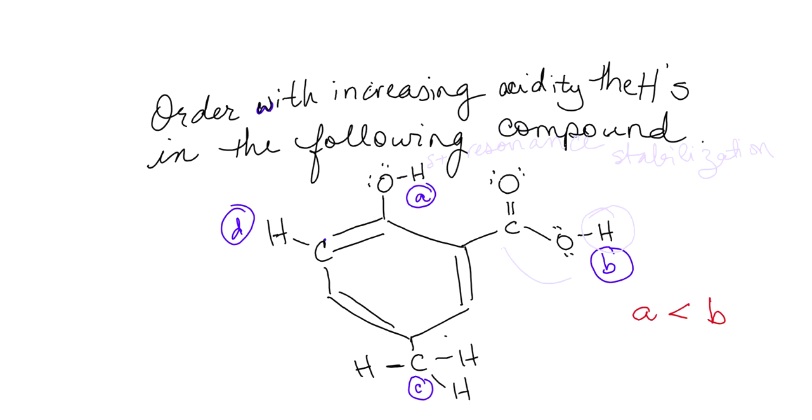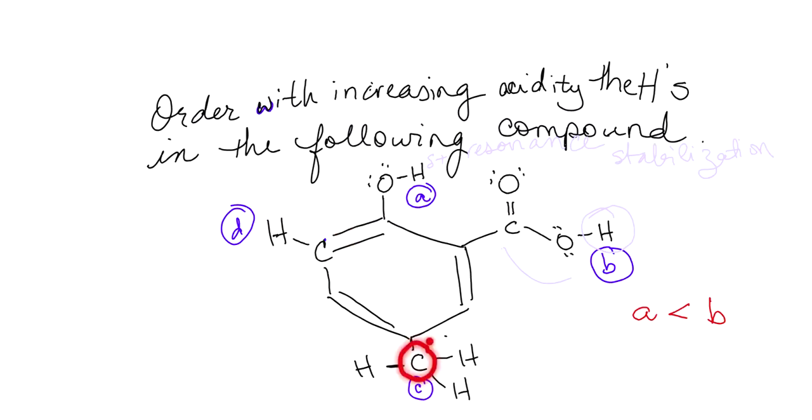It's not right next to it. It's a carbon and oxygen away, but we do have some effects there. So D would be more acidic than C, which is simply on a CH3 group. The other thing to bear in mind is that when we look at this carbon, this is an sp2 carbon, and this is an sp3 carbon.